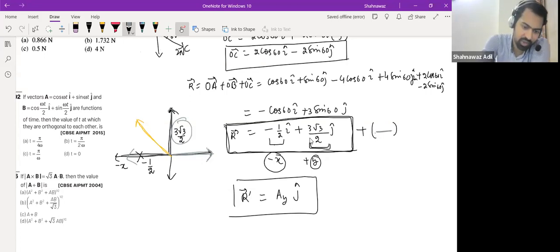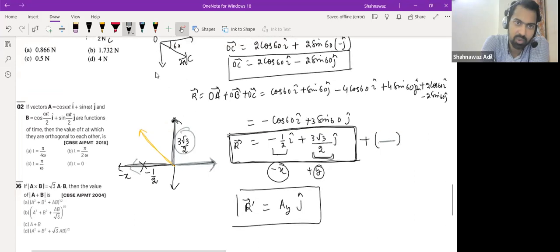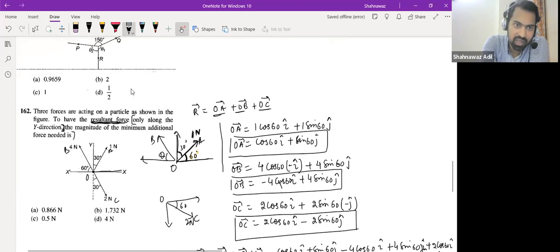The question was that three forces are acting. These are the three forces, and to have the resultant force only along the y direction, we calculated the resultant. We need the magnitude of the minimum additional force.